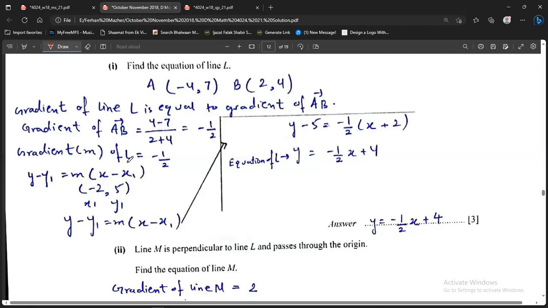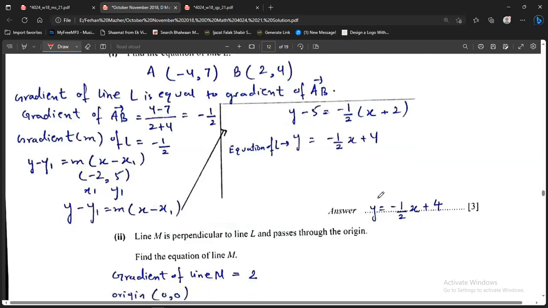So x minus minus becomes plus, x plus 2. So y equals -1/2 x plus, this will become -1 and 5, they will add up, -1 plus 5, that is 4. So y equals -1/2 x plus 4.